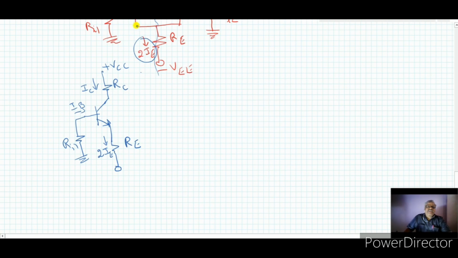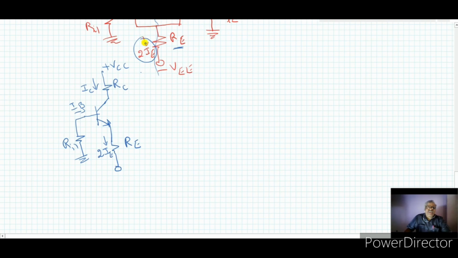The reason for that is the potential that is generated at the emitter of both transistors is minus VEE minus the drop across this resistance. What is the drop across this Re resistance? The current flowing through that is 2IE into Re. So that drop we have to consider.